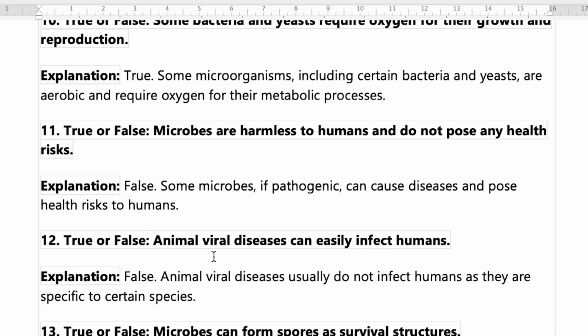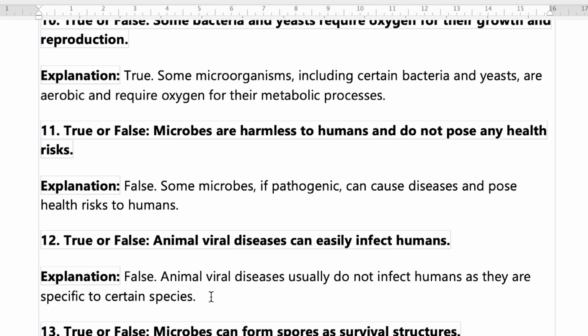Number twelve, animal viral diseases can easily infect humans. So it's false. Animal diseases usually do not infect humans as they are specific to certain species.